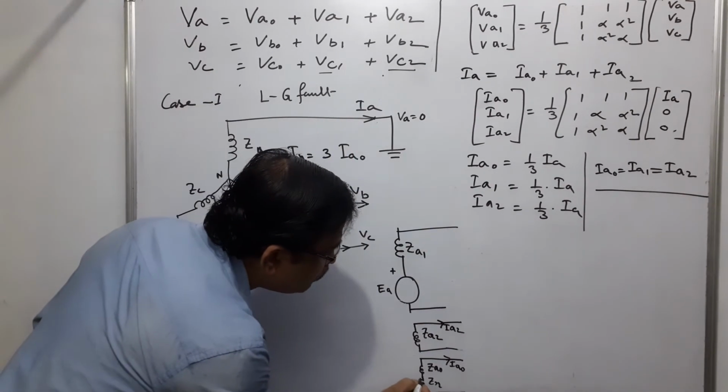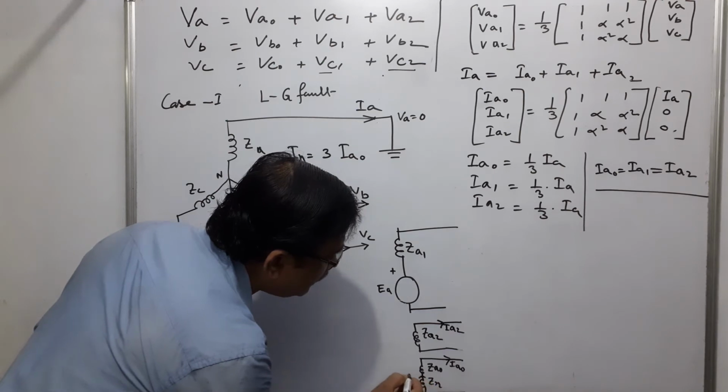That means through Zn, how much current is passing?